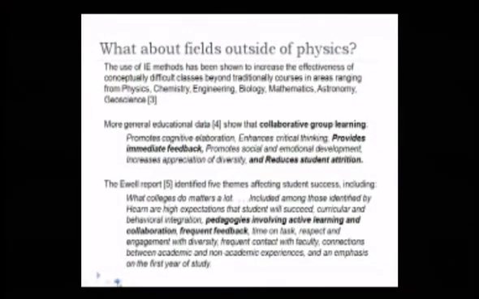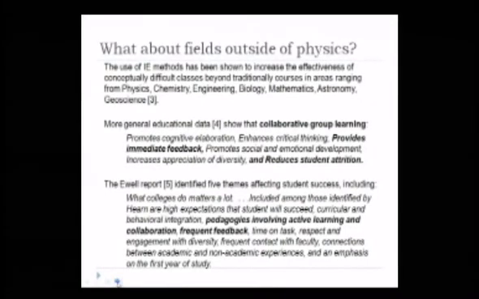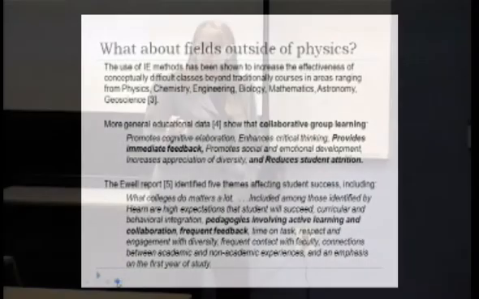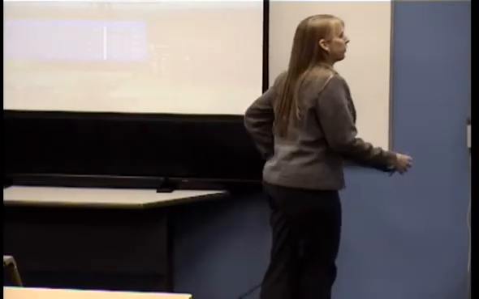A whole lot of words on this slide. I mainly wanted to say it's not just physics education research. There is research in other areas. It's just the physics ed research that I know best. Basically, every area where we have measured the data, it seems like working in a group helps students learn. Collaborative group learning enhances critical thinking.